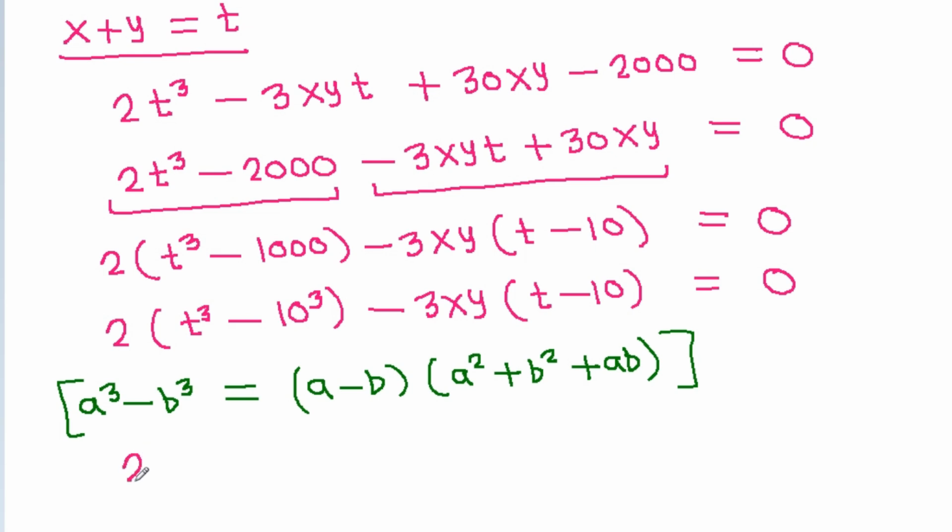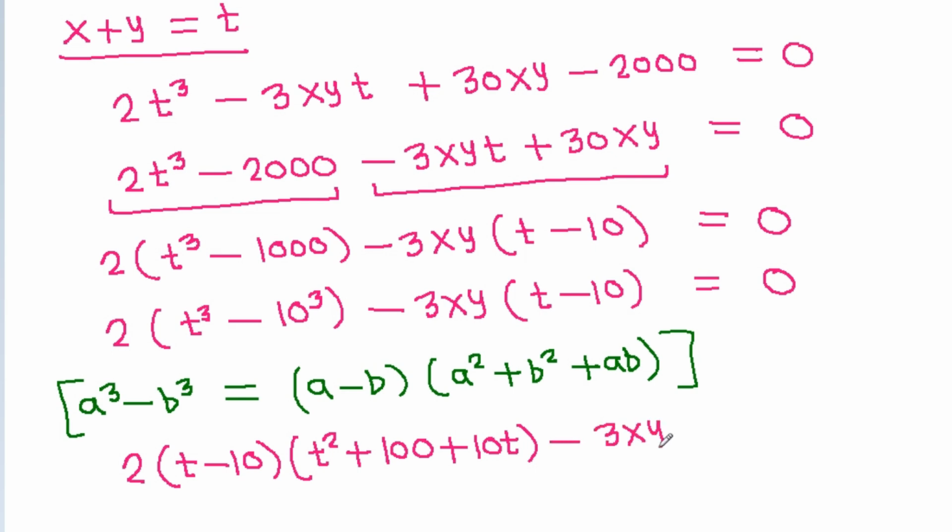So it is 2 times, and t cube minus 10 cube will be t minus 10 times t square plus 10 square, which is 100, plus 10t, minus 3xy times t minus 10 is equal to 0.